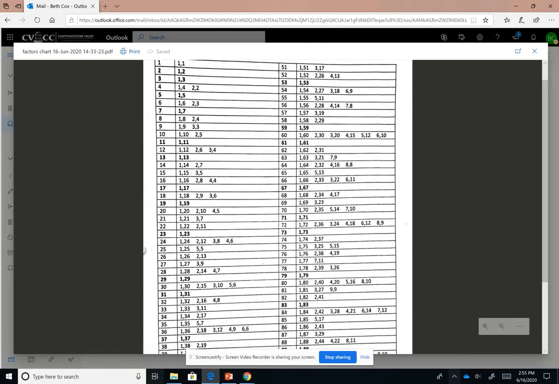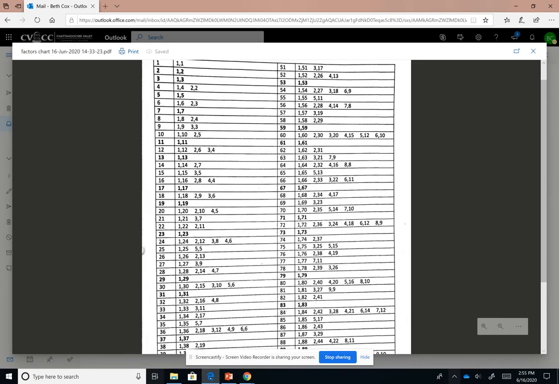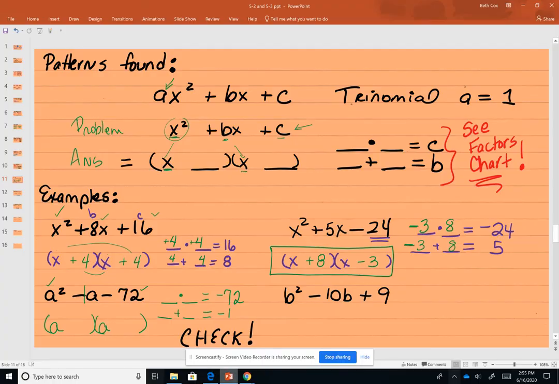All right, and I need the two numbers that are going to add or subtract to give you 1. And that's going to be 9 and 8, or 8 and 9. So those are my numbers, 8 and 9, and one of them's going to be negative.